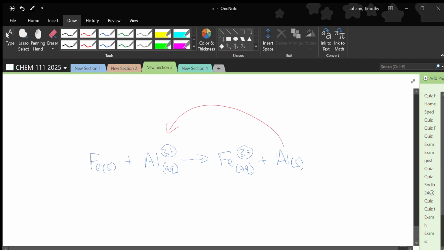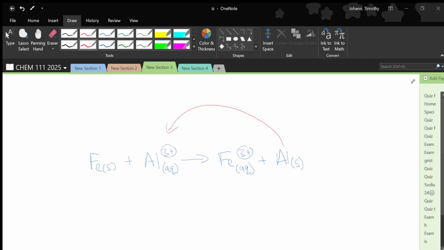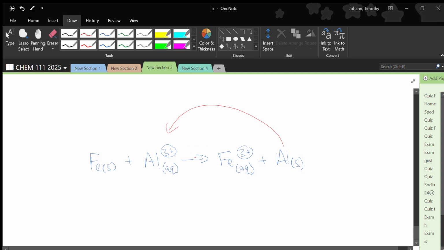Giving up electrons, becoming more positive. So does this reaction happen? It doesn't. This reaction does not happen. So the activity table tells us aluminum is more likely to give up electrons.